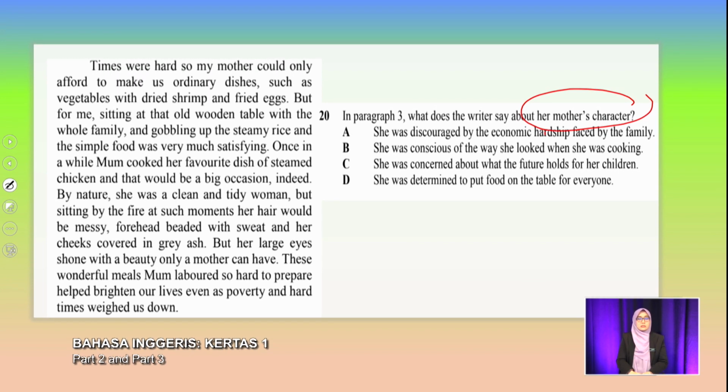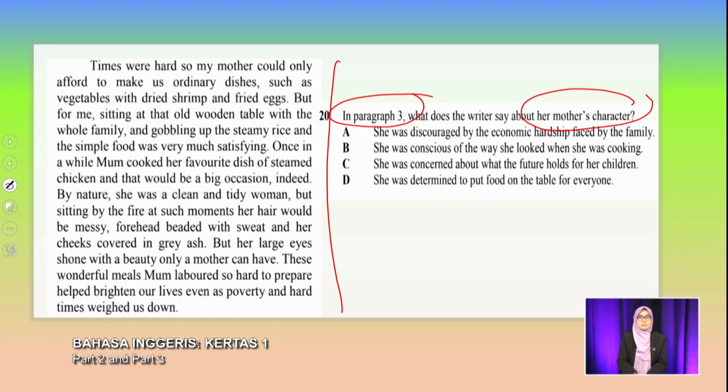So I zoom into paragraph 3. This is paragraph 3, talking about the mother. If we read through this paragraph, it talks about how the mother cooks food for the family and what she was doing in the kitchen.